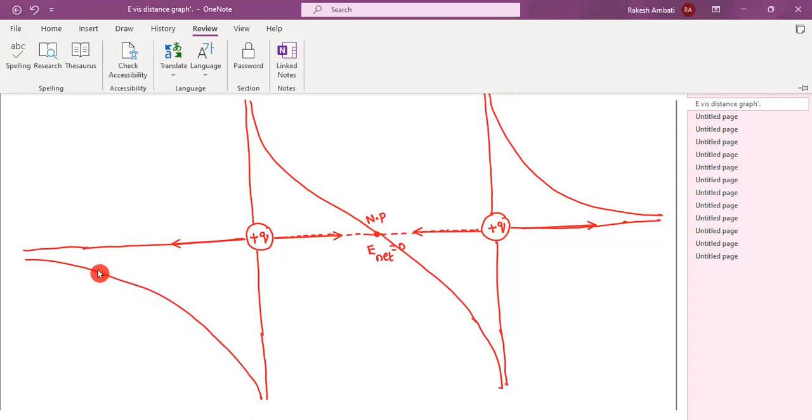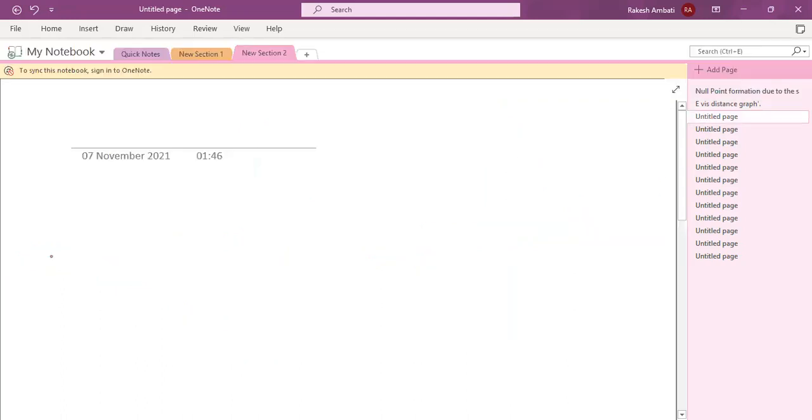As the distance increases, intensity gradually decreases. On the positive side as well, as the distance increases, intensity gradually decreases. Okay, so this is the first case. Next, the second case.